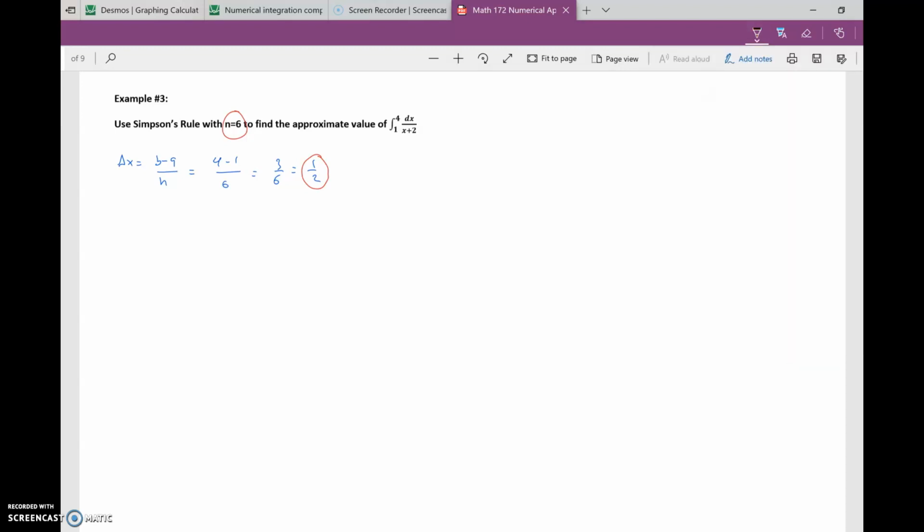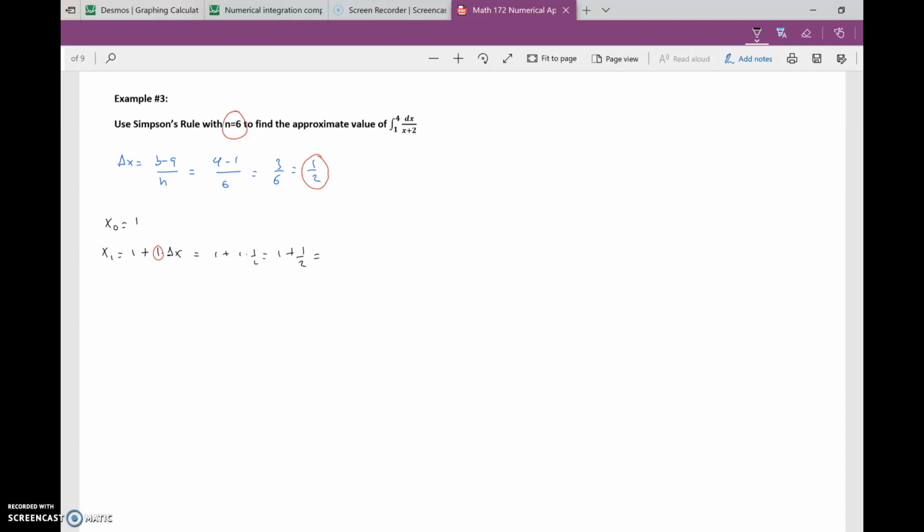For our x values, you're going to have the x of 0. It's technically the value of 1. Then x of 1 is equal to 1 plus technically 1 times delta x. And we're going to use the same pattern that we used before. So we're just simply talking about 1 plus 1 times 1/2, or 1 plus 1/2.